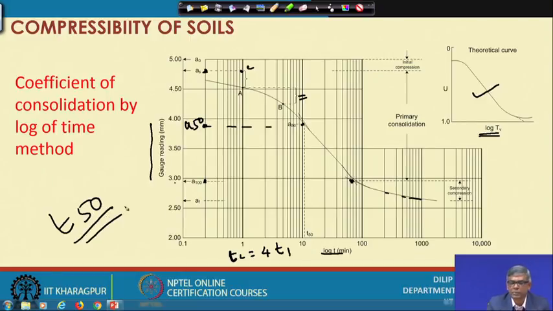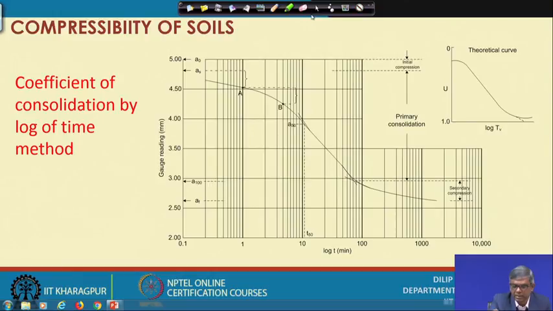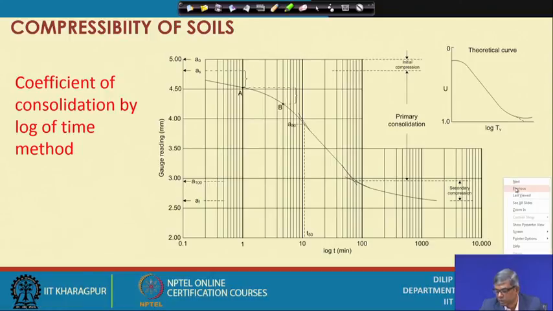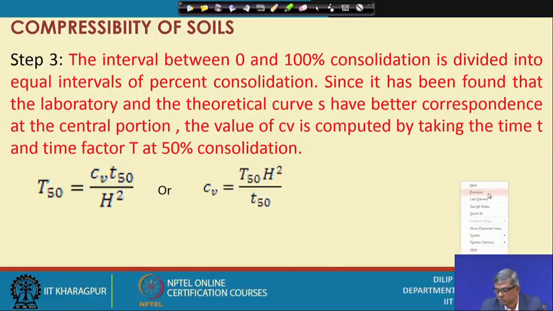So, this is by and large the curve and how to plot it, and there are different steps, but now I will go back to the original slide, the first one from the beginning, and try to show you the procedure you have to follow to find out the CV.